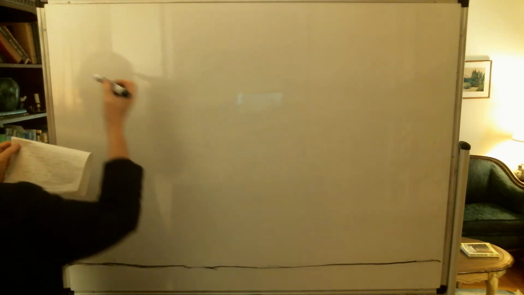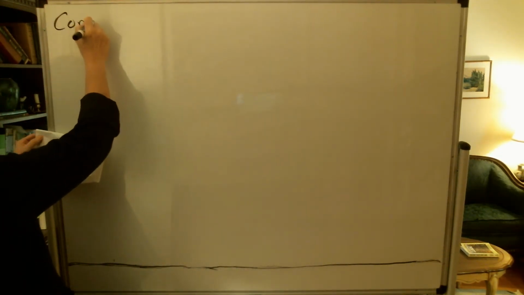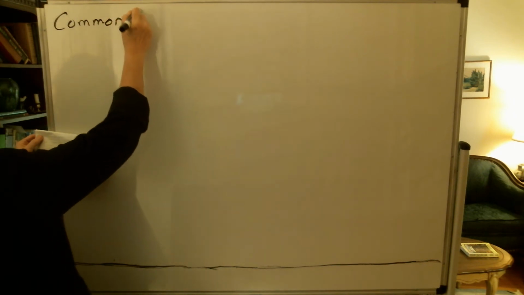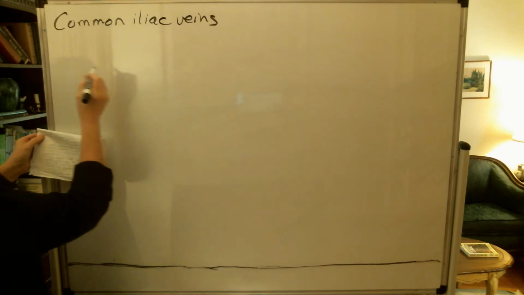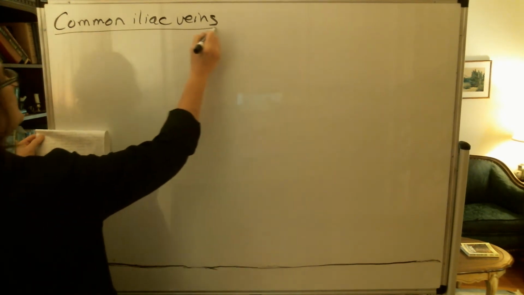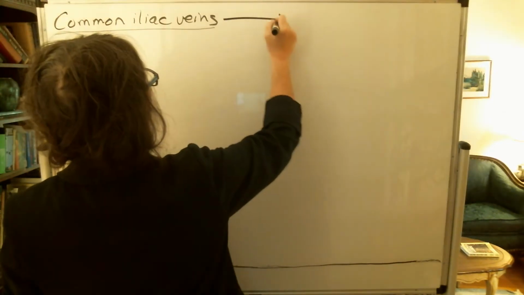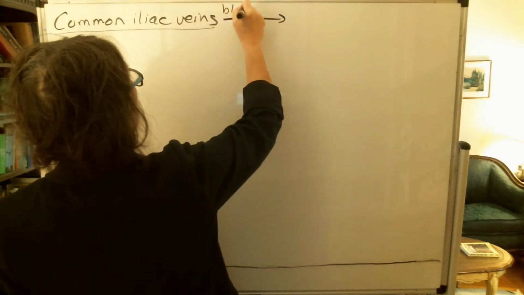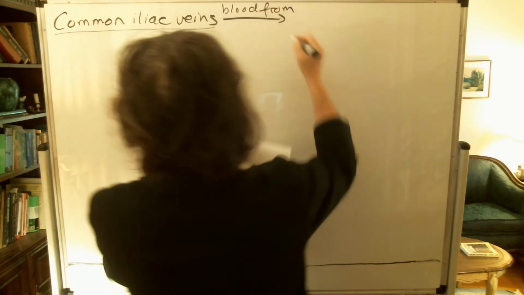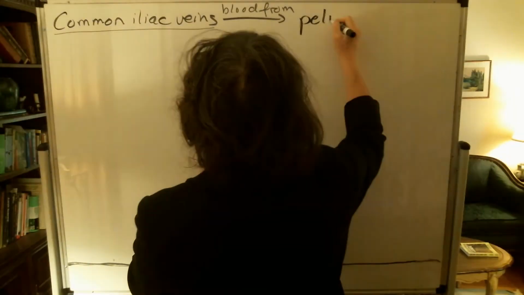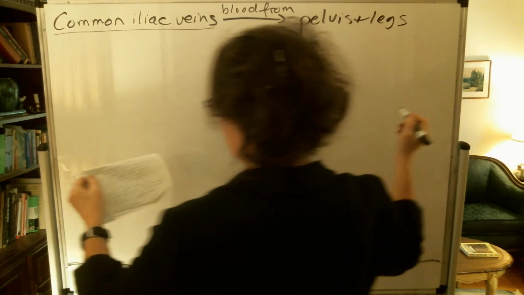So starting from the bottom in this case, we have our common iliac veins. And these then drain blood from our pelvis and legs.